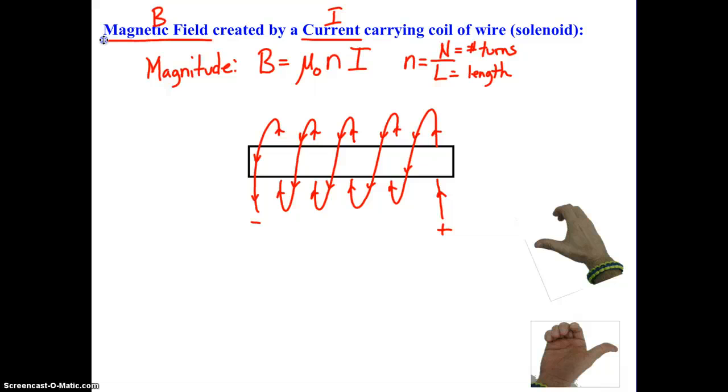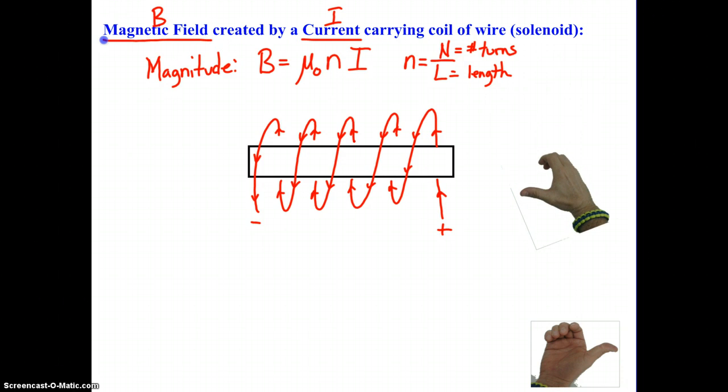What we use to determine the magnetism created by this is a hand rule that looks very similar to the first hand rule that we discussed for the magnetic field created by a current-carrying wire. Your thumb sticks out the side of your right hand, and your fingers curl in the natural shape of a C. But in this hand rule, the digits reverse roles.